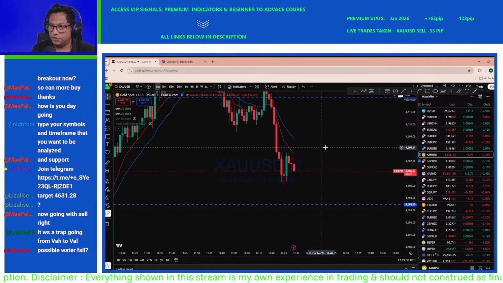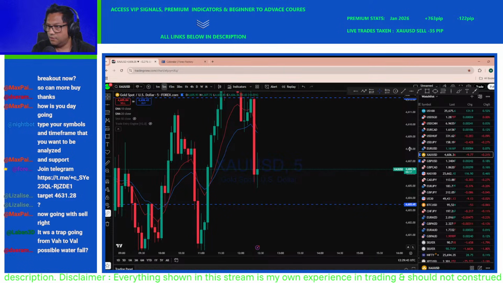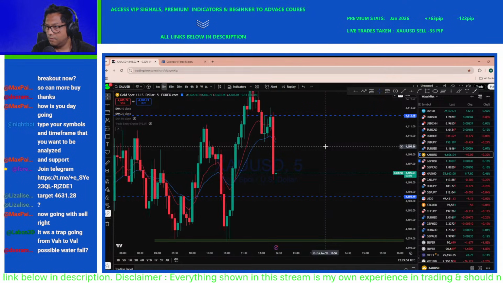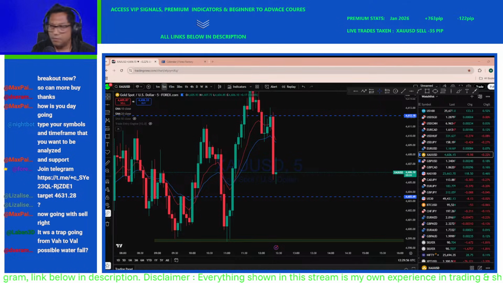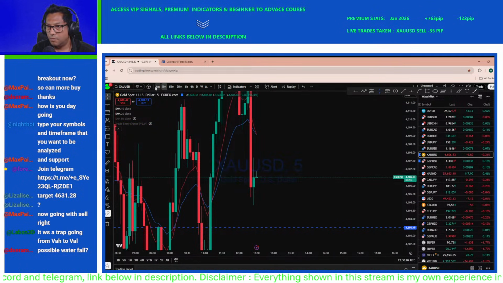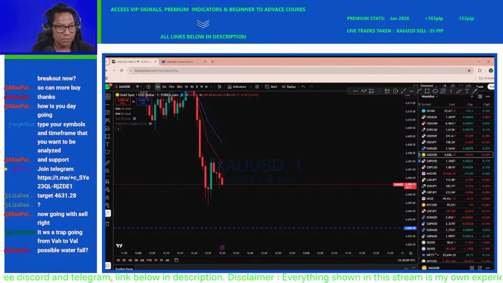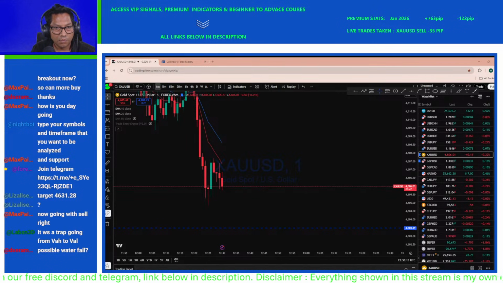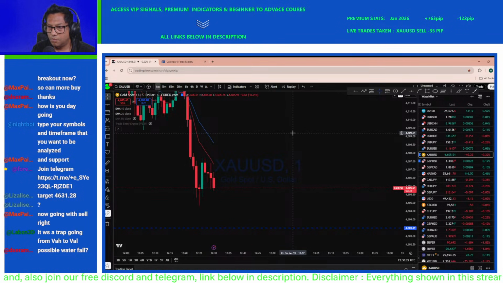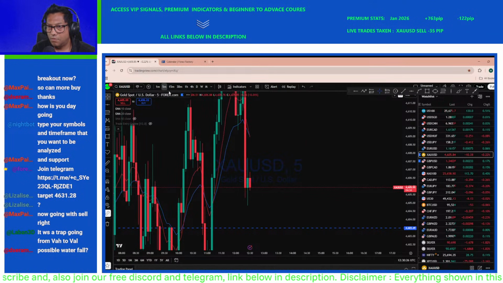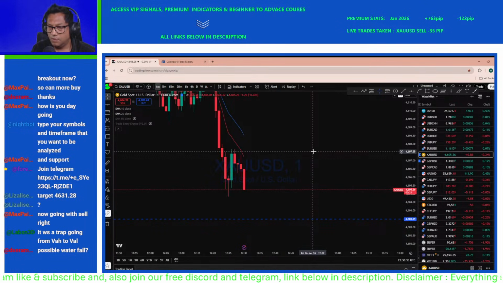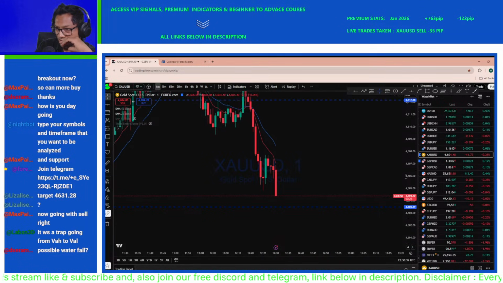Here is bearish in that area, and market structure is showing to be significantly downside at the moment.